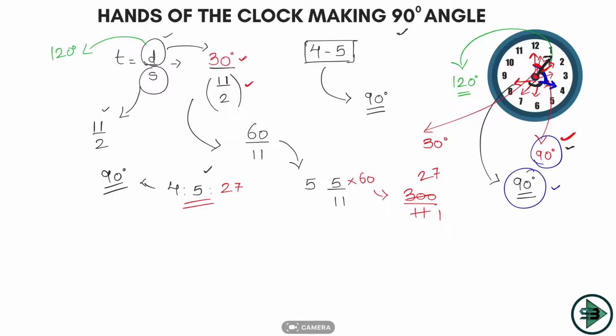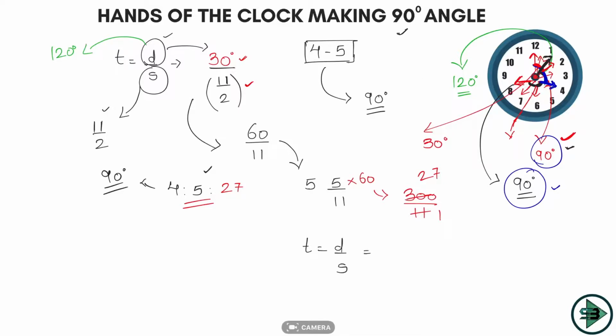When does the angle become 90 degrees between them for the second time, which is this scenario, if you can see it here? The hand is here now, and this angle I'm talking about is 90. So when will this happen? What is the time? Again, time is equal to distance upon speed.